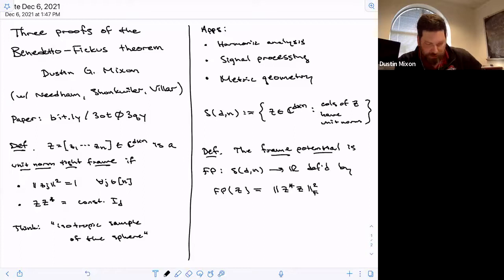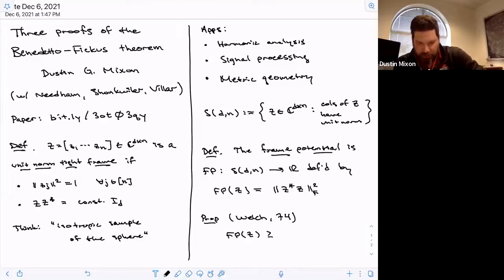So the reason unit norm tight frames are interesting relative to the frame potential comes from the theorem of Welch back in the 70s. So Welch thought about a bunch of different bounds, and if you read the tea leaves, he secretly has this bound sitting inside of his paper.